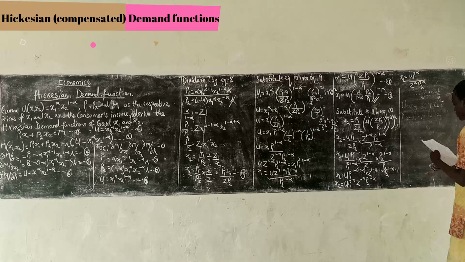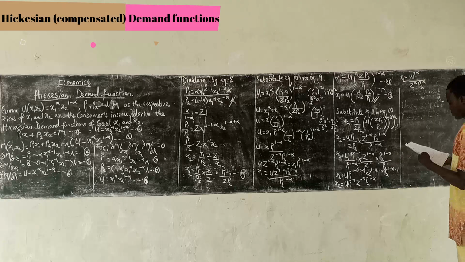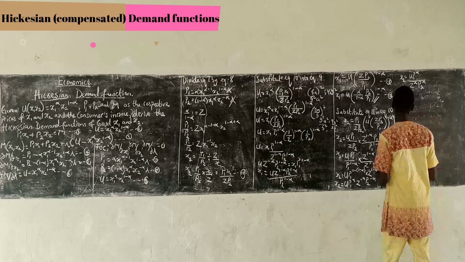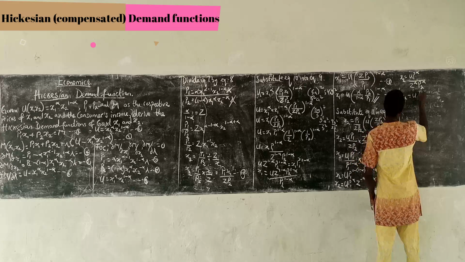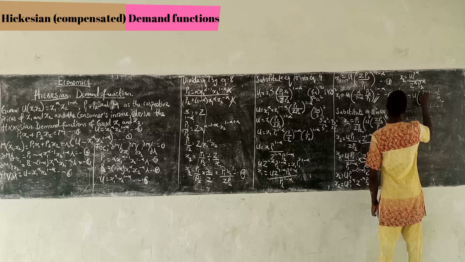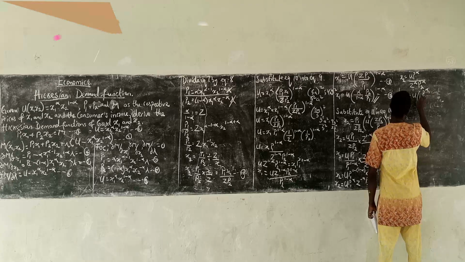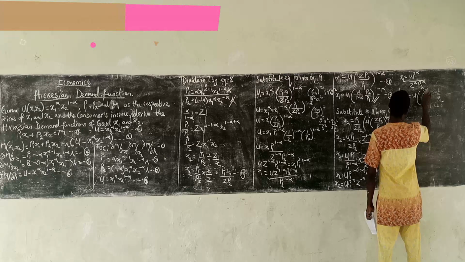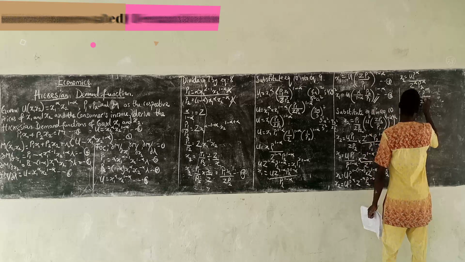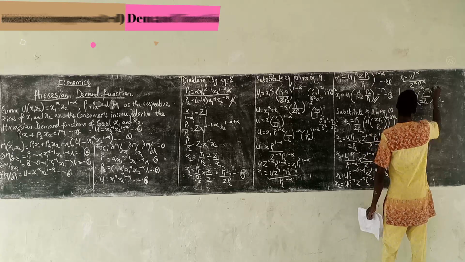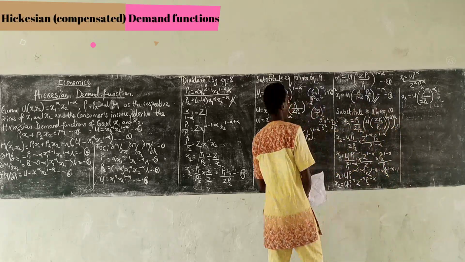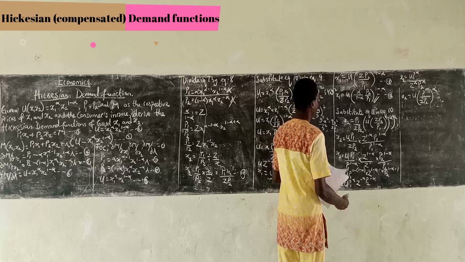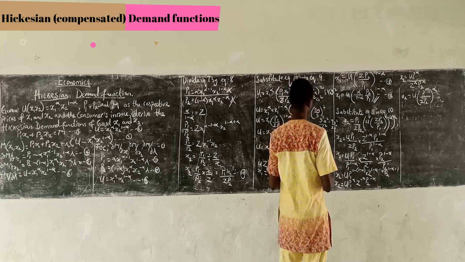Okay, so that's what we are going to be having for this. So x2 from here can then put everything in brackets: p1 divided by z p2, everything raised to power alpha. So that's what we are supposed to get.